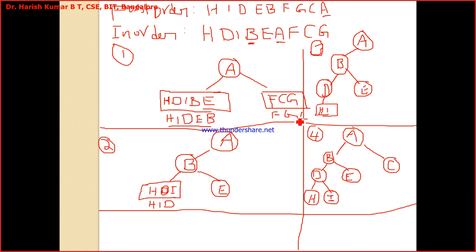After writing C as the right child of A, there are only two things remaining, F and G. So again, you don't have to go for detecting the root node. F will be the left child of C and G will be the right child of C.